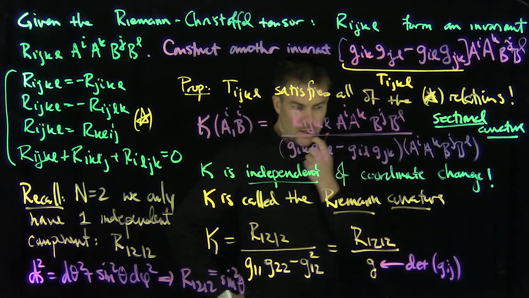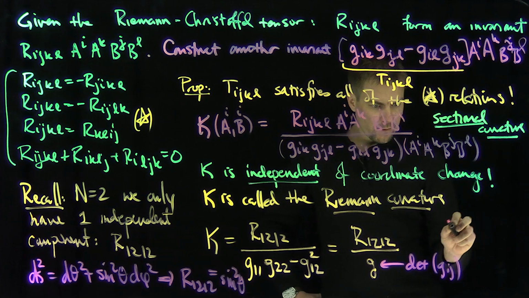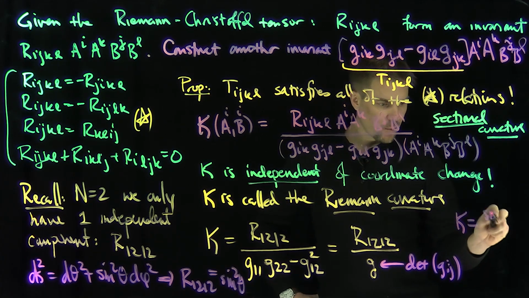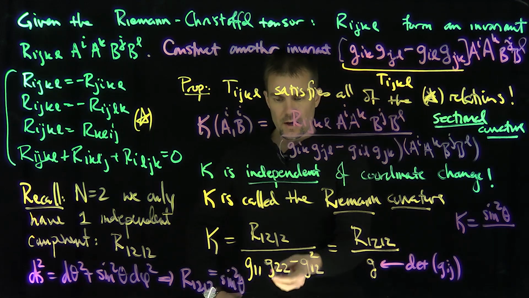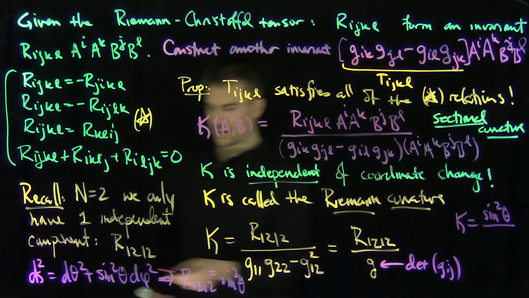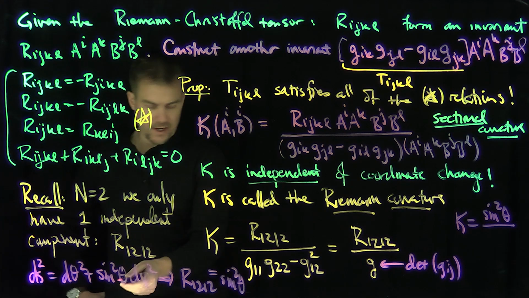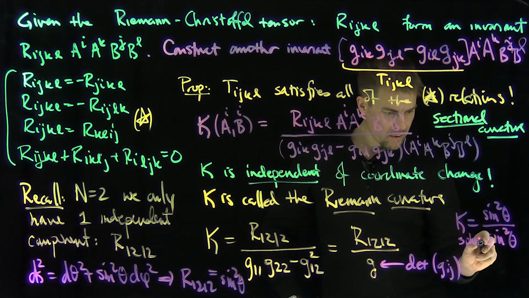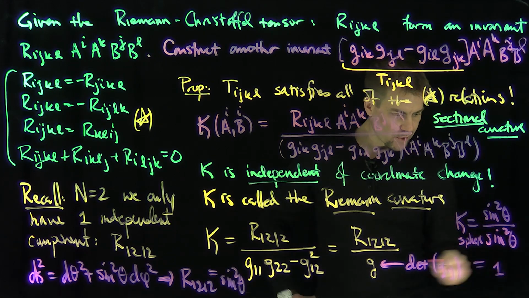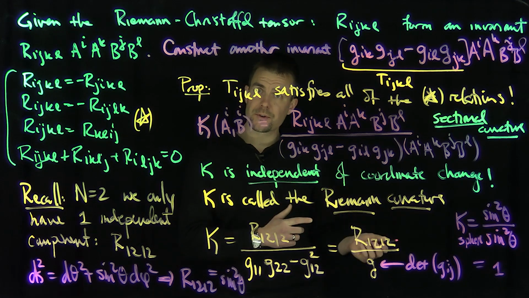So what will the curvature of the sphere be? It's going to be sine squared of theta over the determinant of the metric tensor. The metric tensor in spherical coordinates is exactly 1, 0, 0, sine squared theta, so the determinant is just sine squared theta. And that is just 1. So we've just proven the Riemann curvature of a sphere is equal to 1.